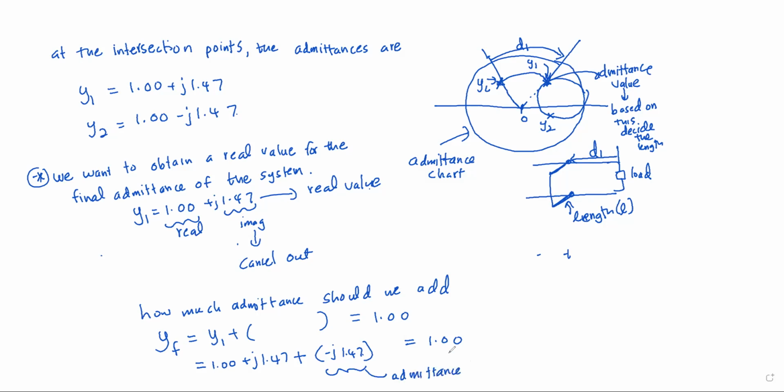So in order to add that, the thing I need to do is find the place where I can find minus j 1.47. Okay, so now we have already come to this point.